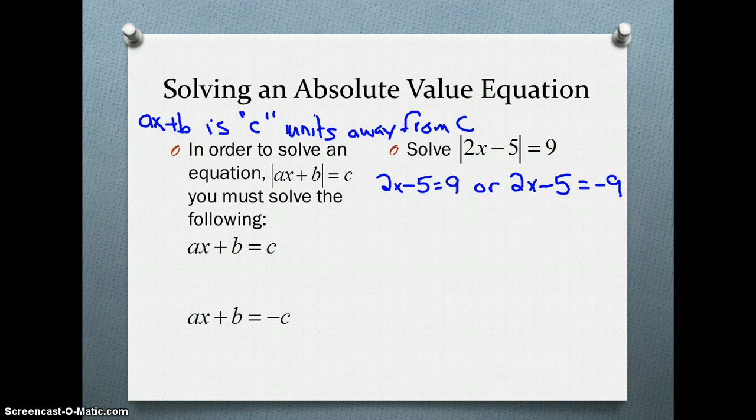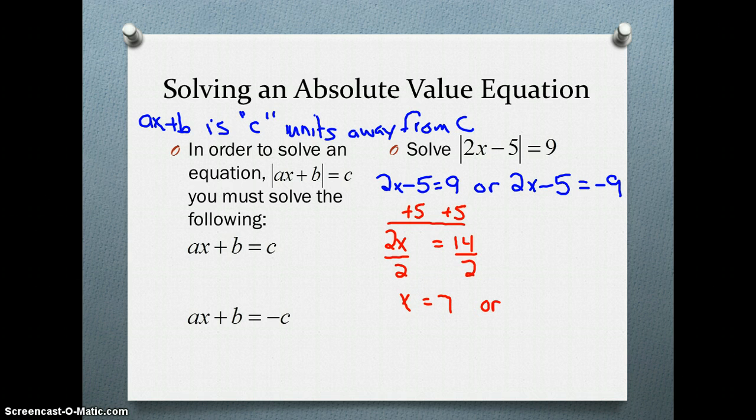The steps, we'll notice, are the same, but since one's positive and one's negative, we will get something slightly different as our answer. I'm going to add 5 here and add 5 here. Again, we've solved a bunch of equations like this. That gives us 2x equals 14. The inverse of multiplying by 2 is dividing by 2. So we end up getting x is equal to 7.